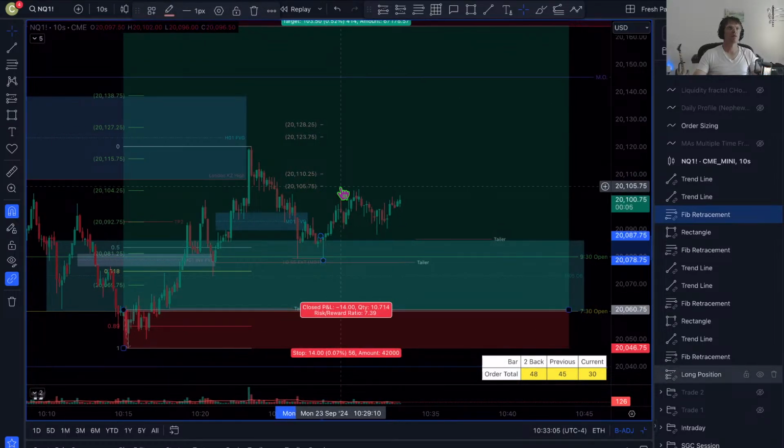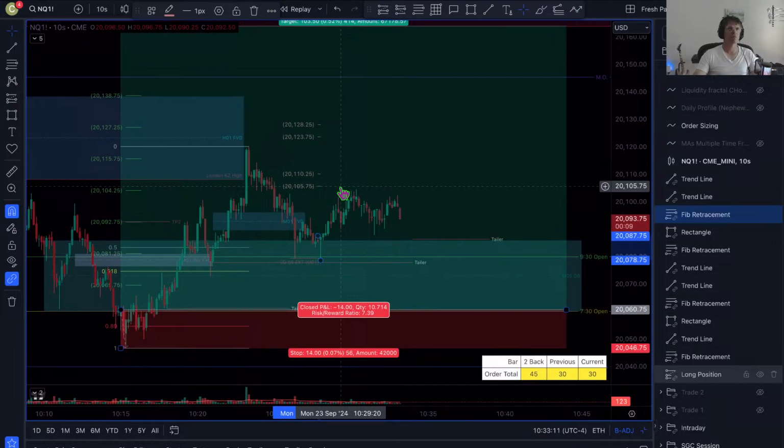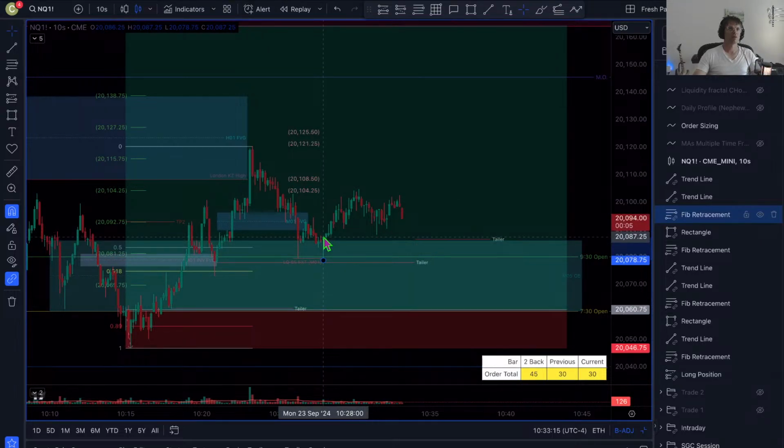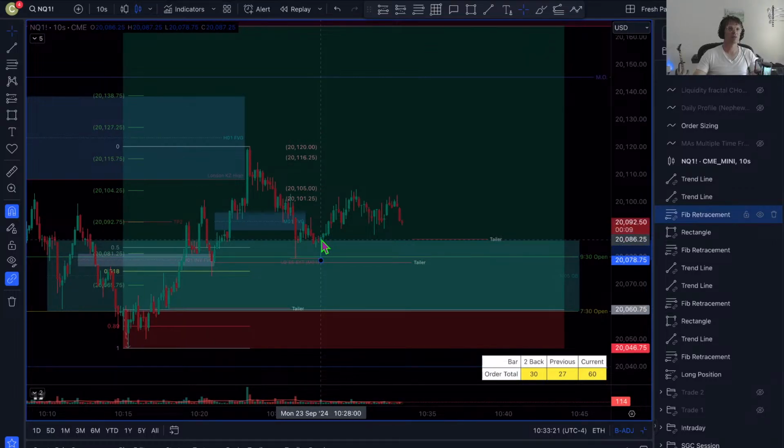We haven't quite met it. So that liquidation that almost brought the JD entry in hasn't quite met the second deviation yet. It's a hard one to draw, to be fair.